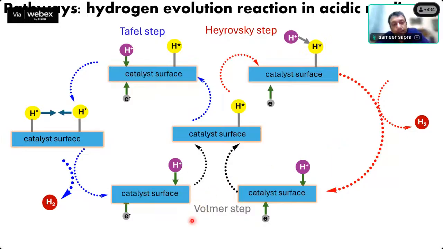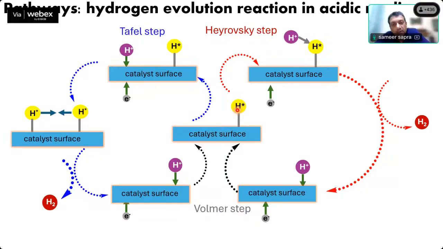If you look at the catalyst surface, you put one H plus, and the electron comes from the battery, from the electrode, and it forms an H dot, so a hydrogen radical.